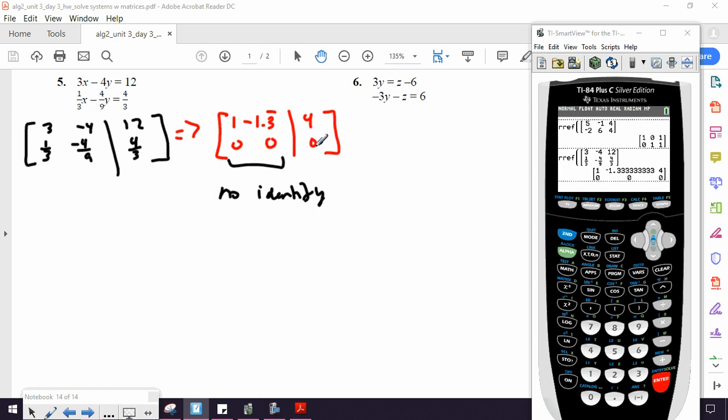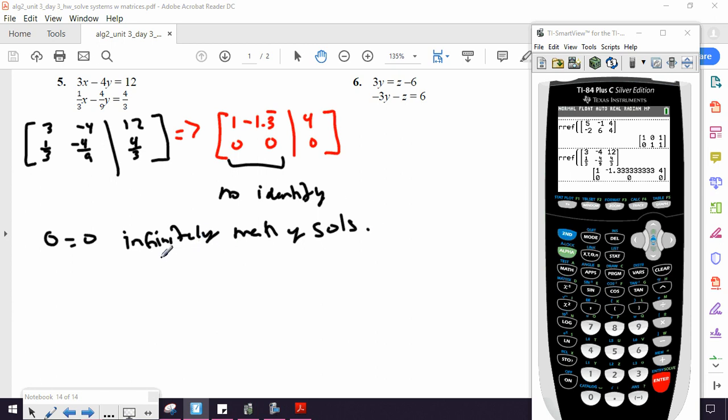So the last statement says 0 equals 0, which is a true statement. So because 0 equals 0 is a true statement, this has infinitely many solutions.